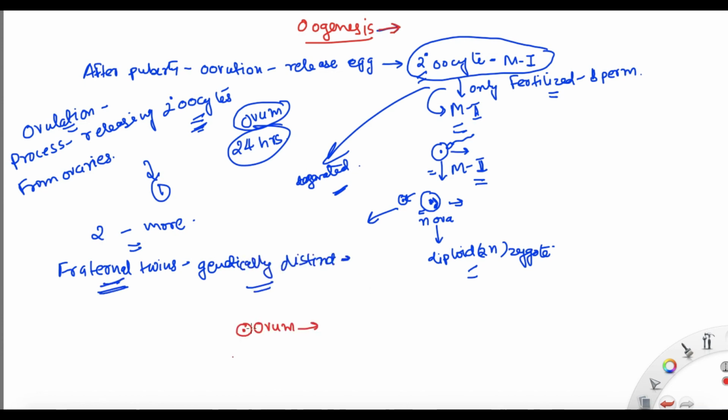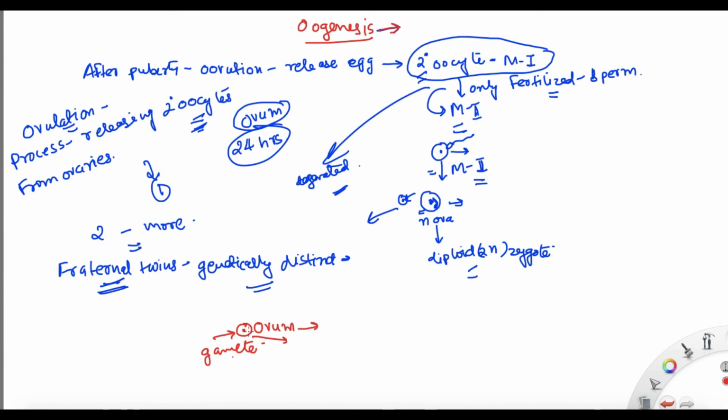Now you see how oogenesis gives rise to only one mature gamete, because every time the division happens, it loses a set of chromosomes but not the cytoplasm, because it has to provide the nutrition for the egg. At the stage when the zygote is dividing, the nutrition has to be there. So the chromosome has to be lost but not the cytoplasm.